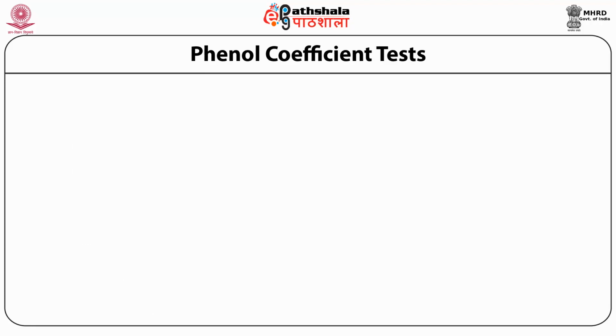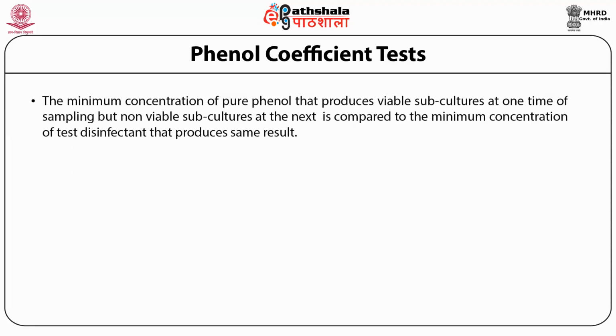Phenol coefficient test. The minimum concentration of pure phenol that produces viable subcultures at one time of sampling, but non-viable subcultures at the next, is compared to the minimum concentration of test disinfectant that produces the same result.